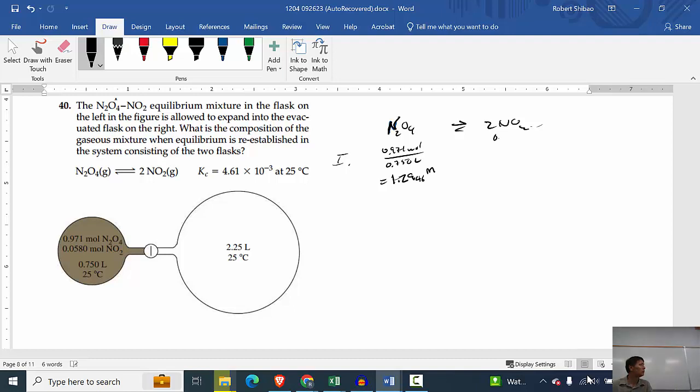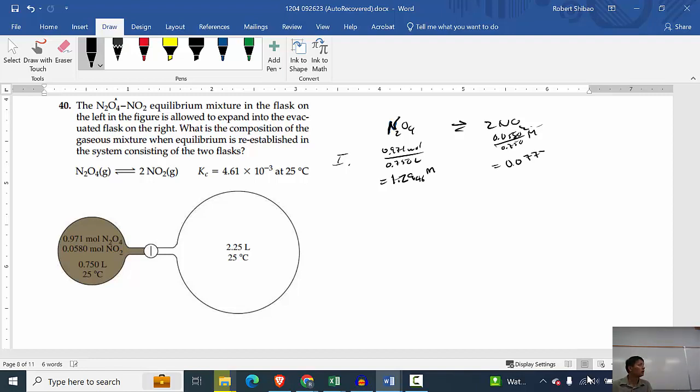And so the molarity of the NO2 is going to be 0.0580 over 0.750 liters, and this is going to give me molarity. So 0.058 divided by 0.75 is 0.0773.